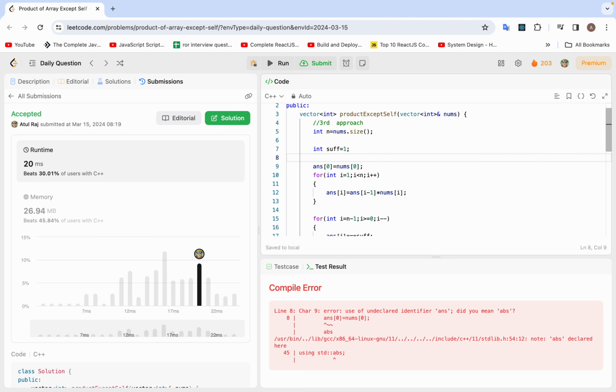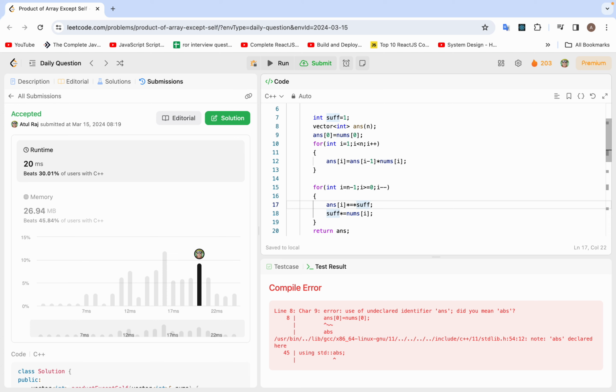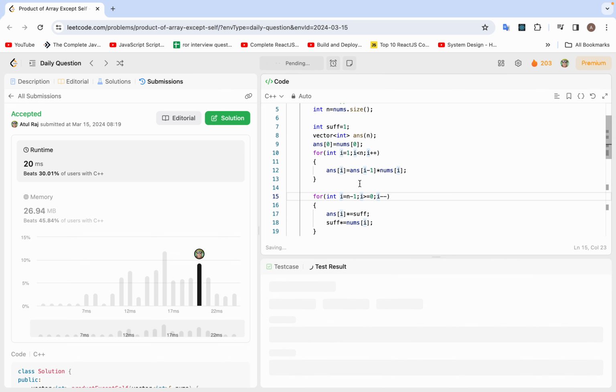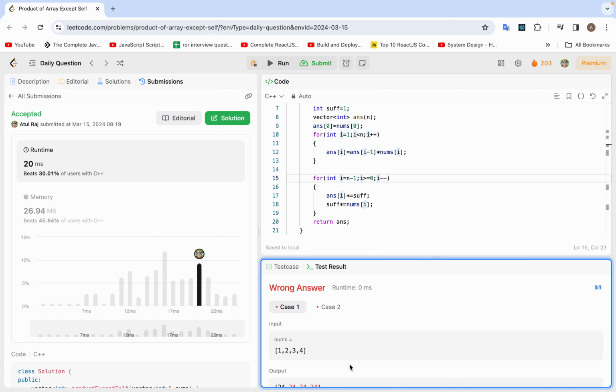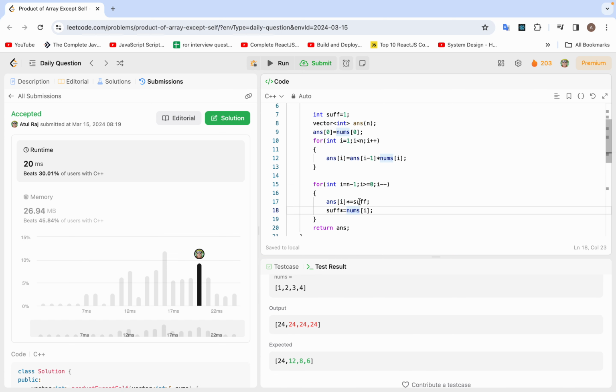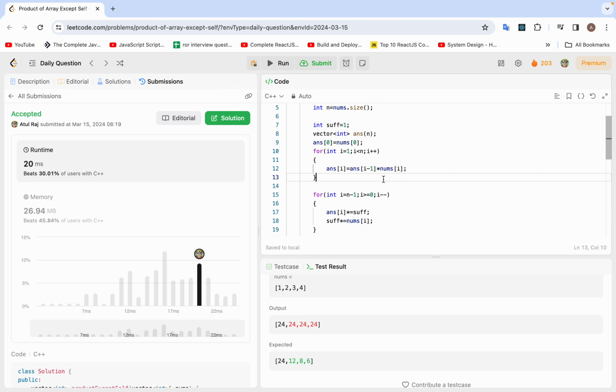Okay, we have now defined the vector. This should be, yeah, right. If this is n minus 1, then the answer will be simply, okay.